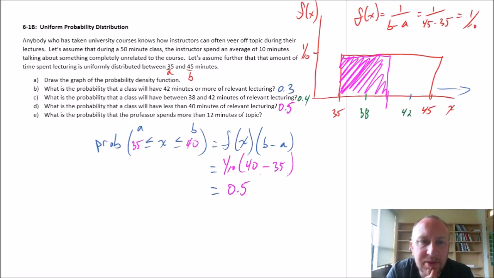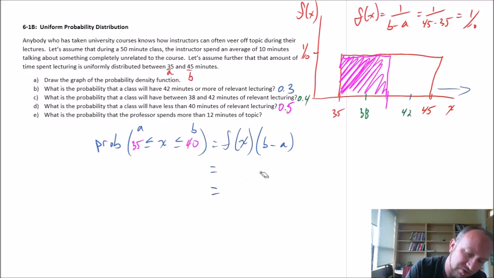Okay, last problem. What is the probability that a professor spends more than 12 minutes off topic? So this question is sort of being asked in reverse, right? The other ones we're talking about the number of minutes of relevant lecture. This one we're talking about the number of minutes spent off topic.